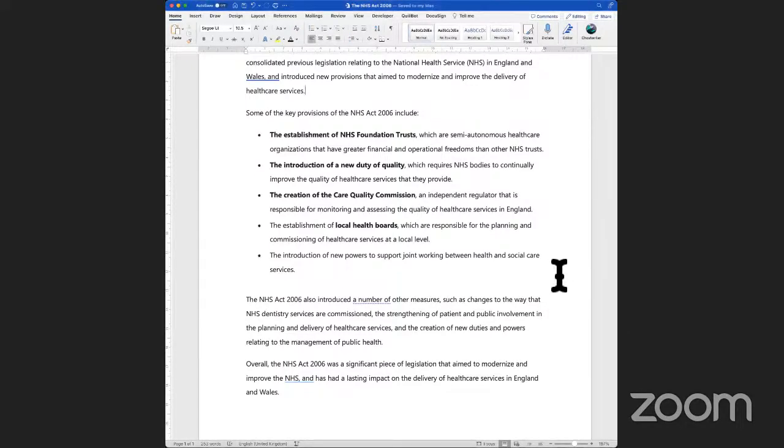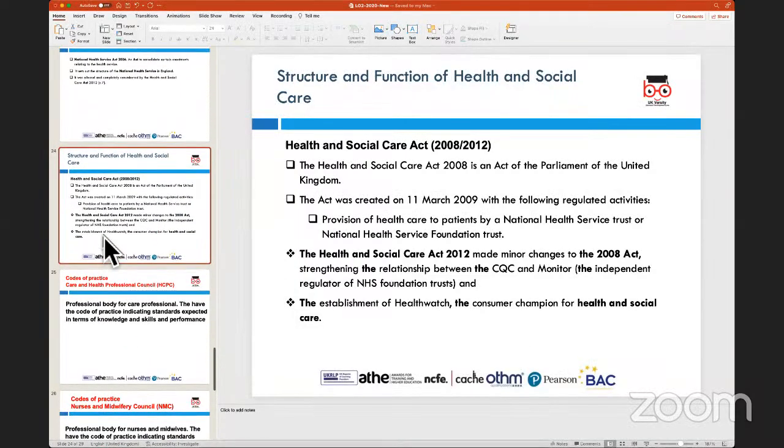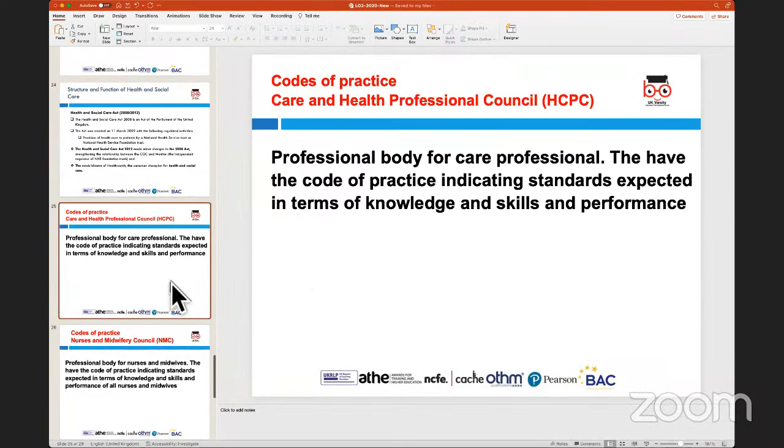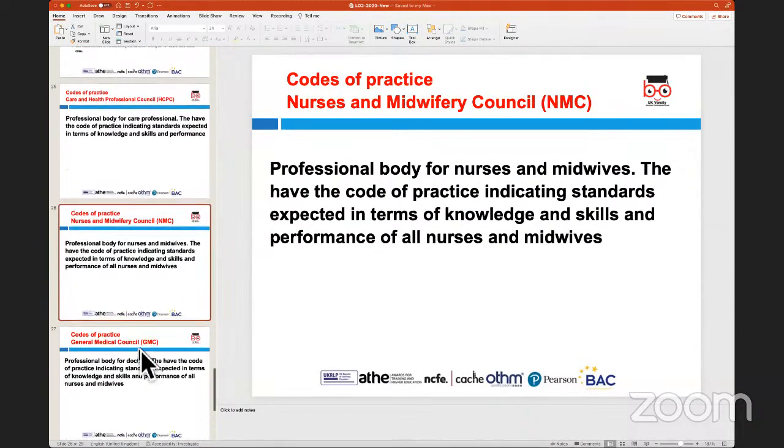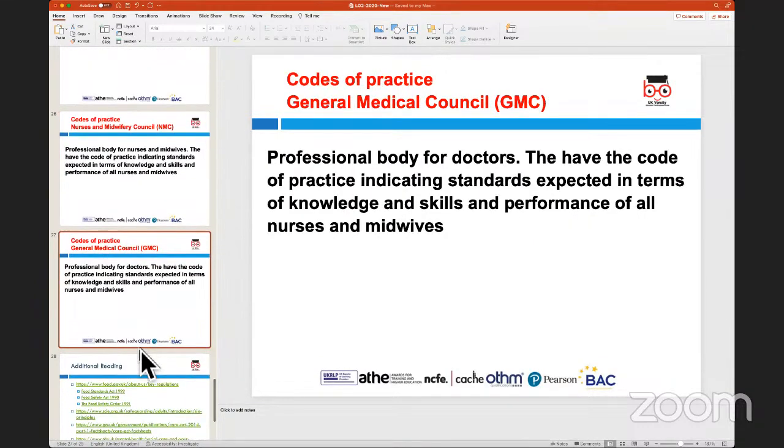It ensures that they take into account the policy-related guidelines introduced under this act. So, as you can see, some bits of codes and practice influence the HCPC, the Nursing and Midwifery Council, and the General Medical Council.